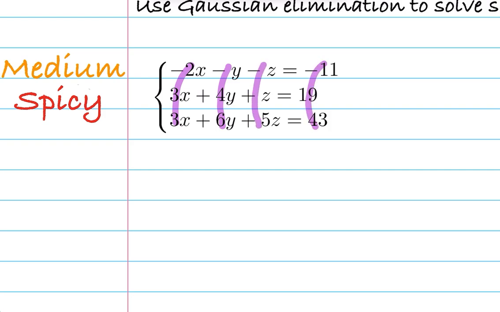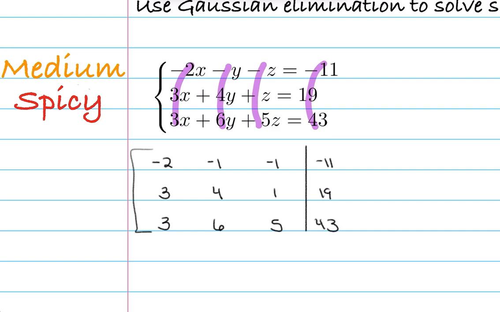Okay, so when I do this, I'm going to end up with -2, 3, 3, -1, 4, 6, -1, 1, 5, and I'm going to put a line here, -11, 19, 43. So this is our augmented matrix that we are going to start from, okay?